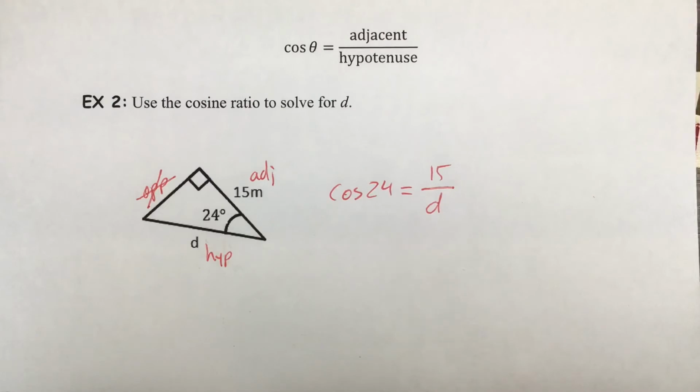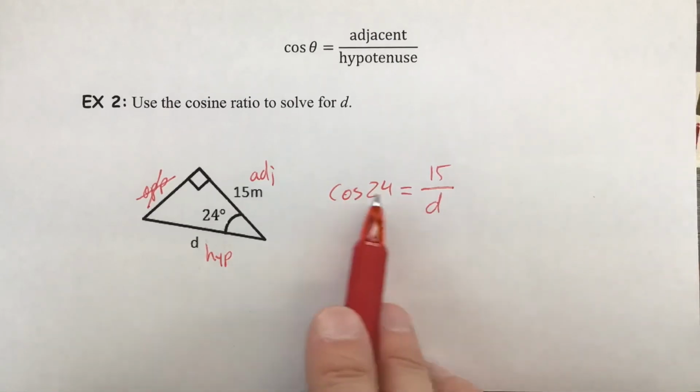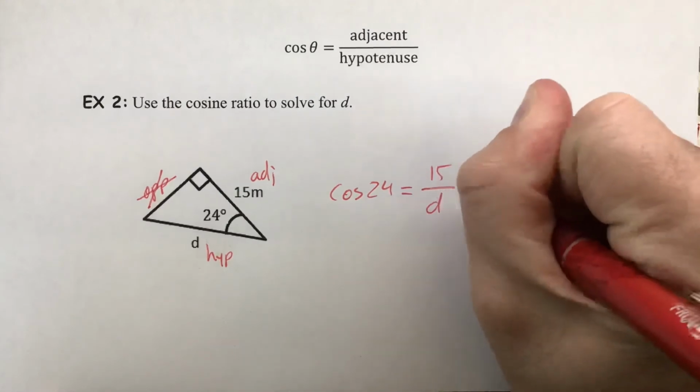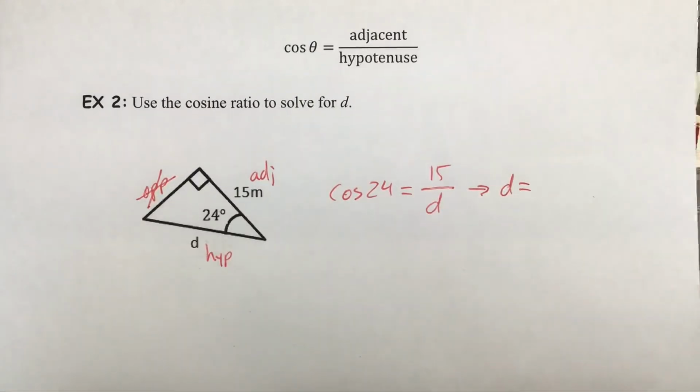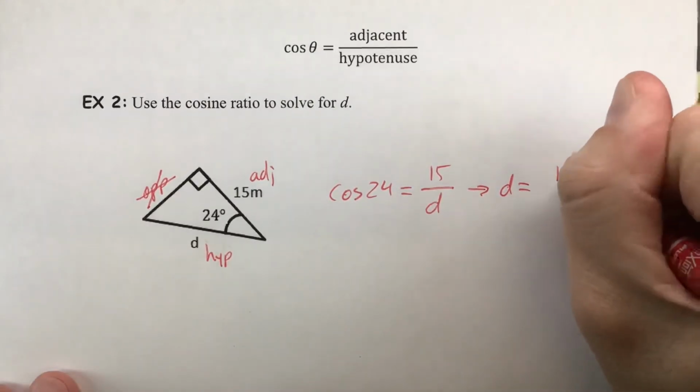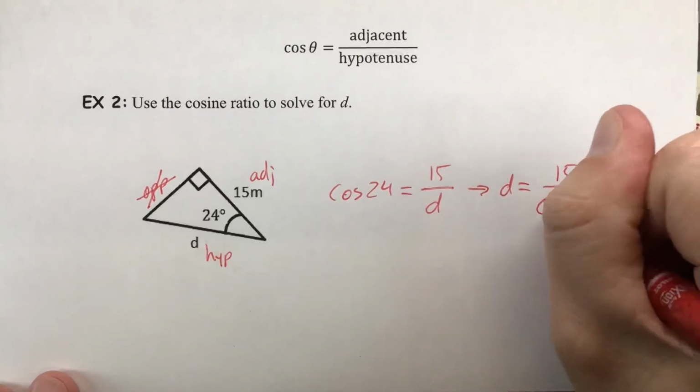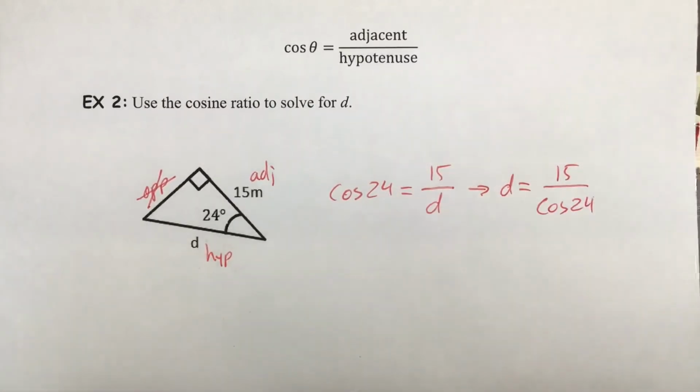In the tangent video, I did offer a shortcut to this, which is ultimately the same work, just getting there faster. What you can do is switch these two things around. You can rewrite the equation as d equals 15 over cosine 24. The same two steps would get you to that place. It's just a little bit faster.